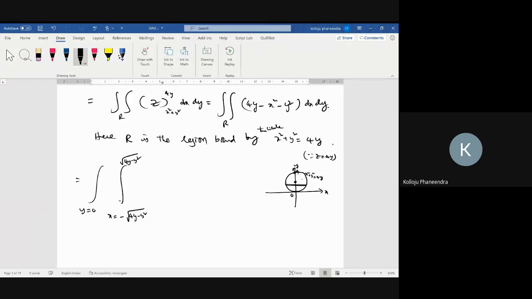Y equal to 0 to 4. So the integrand is 4y minus y square minus x square dx dy. You evaluate this.